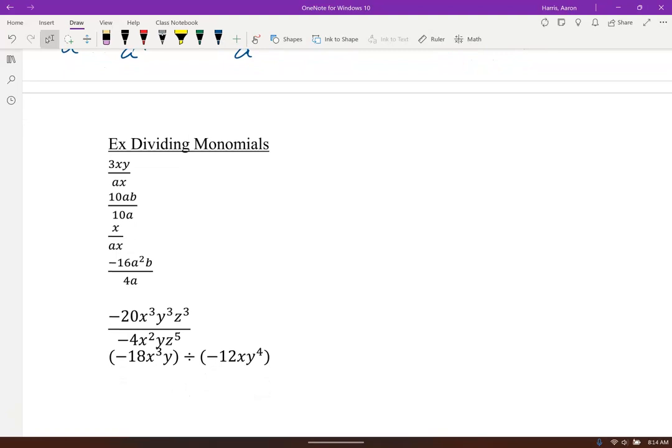But when you're dividing monomials, so one term over one term, like this first one, 3xy over ax, what you can do is just cancel your terms that apply with a similar variable. So x over x is 1. So this just ends up being 3y over a. So just cancel whatever's appropriate.